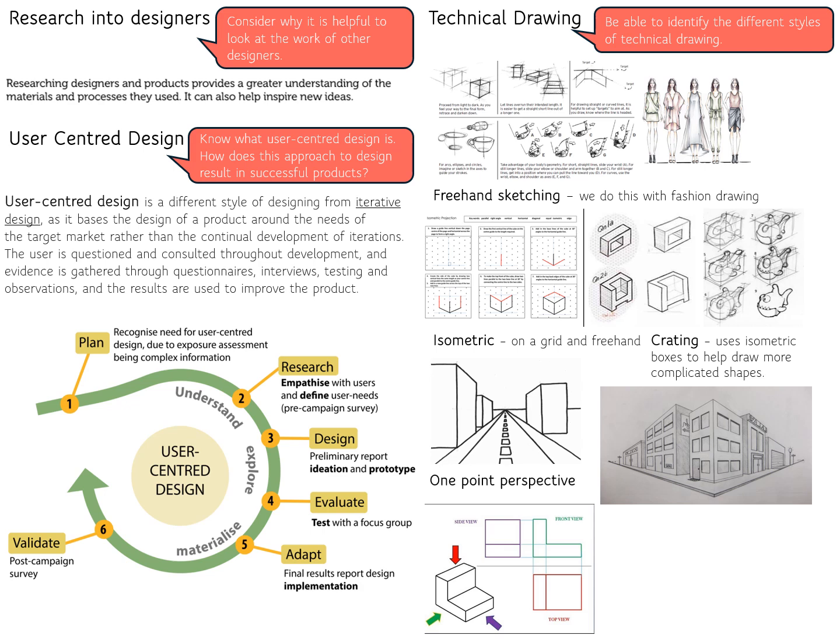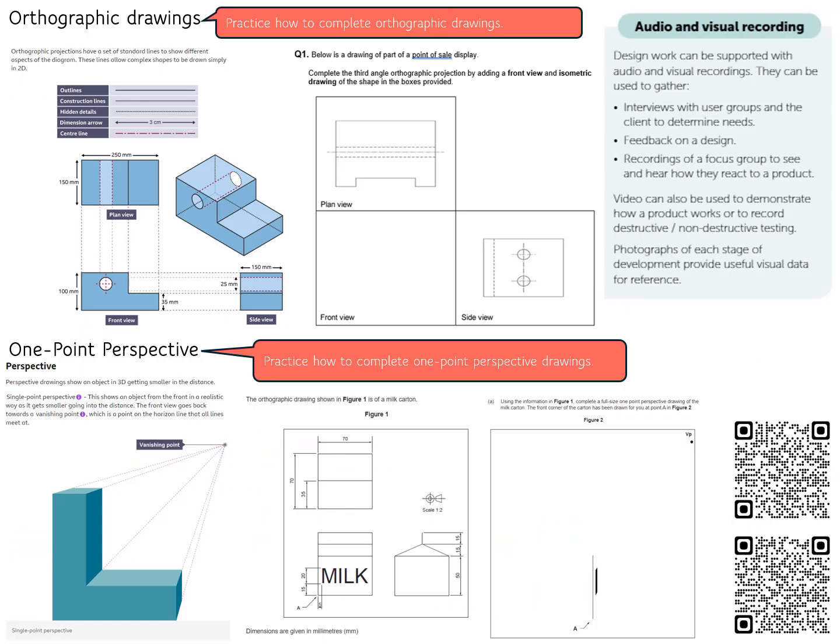In terms of technical drawing, we've all practiced some of that, and the next slide will help you particularly revise or remember the techniques for 1-point perspective and orthographic projection. These are the drawing styles that are definitely in this paper.